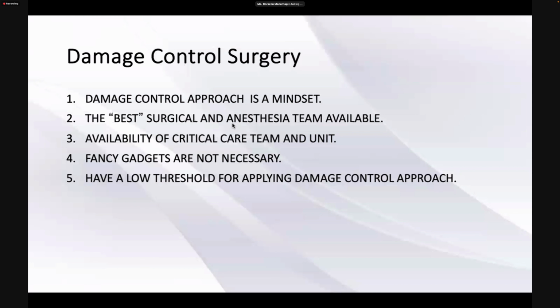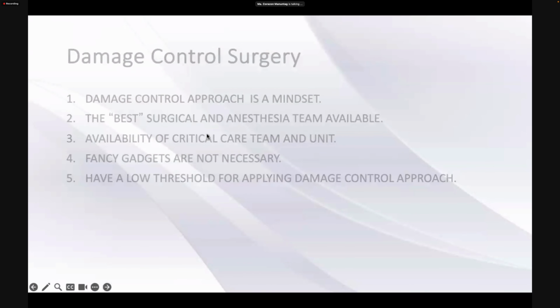And it requires that you have a critical care team and unit, may it be a surgical ICU or a post-anesthesia care unit, which is also an ICU level of care that it can provide. And it does not necessarily require fancy gadgets. It would rather require the critical care team and having a low threshold for applying damage control approach.